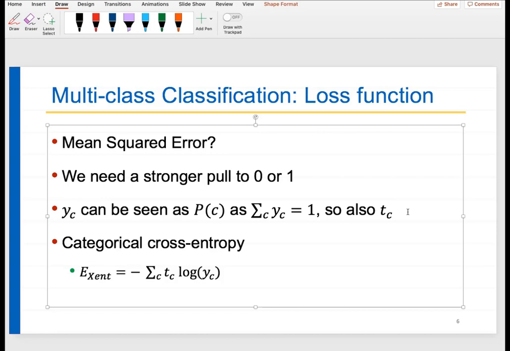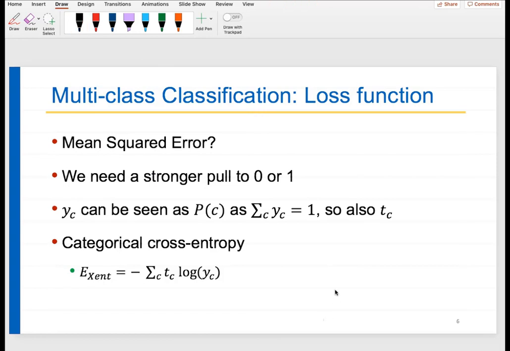So KL divergence is the one which we use, and you can call it categorical cross entropy, but I find that it can be interpreted as KL divergence too. So I have two distributions. One is the YC.